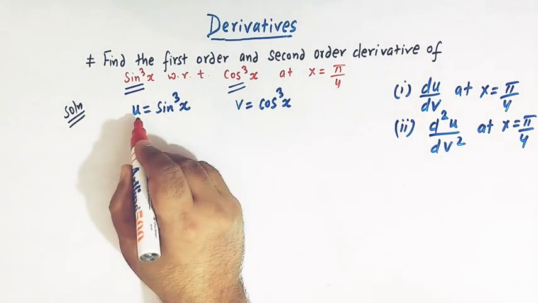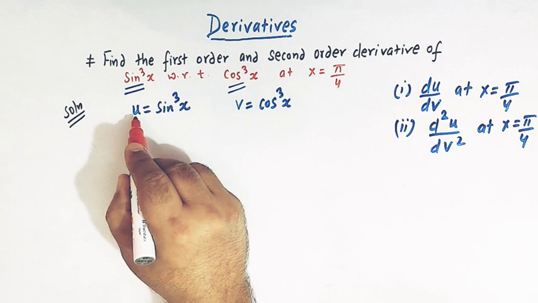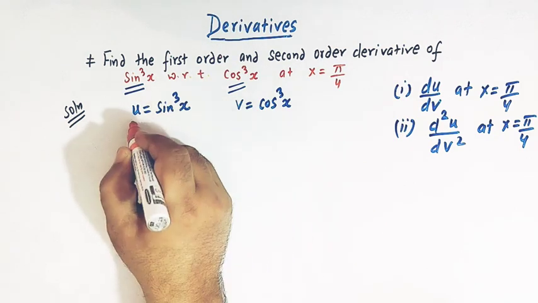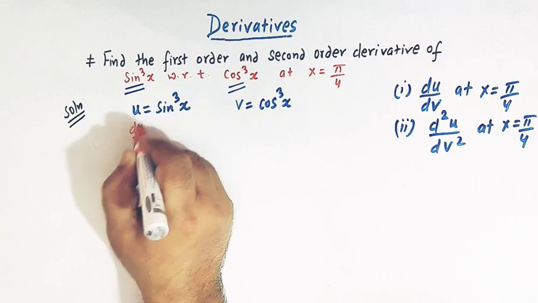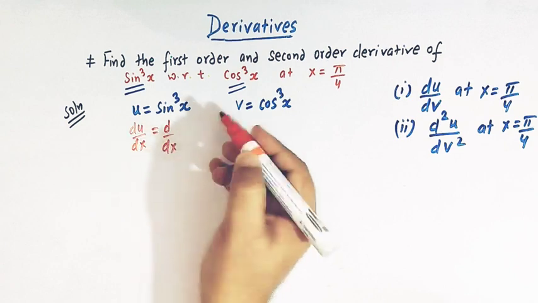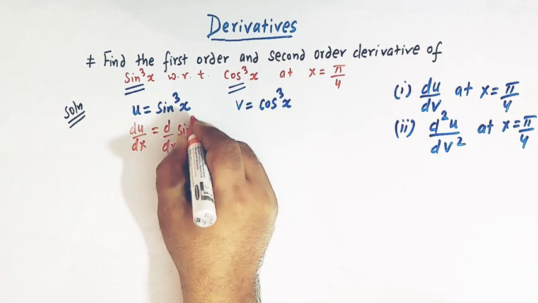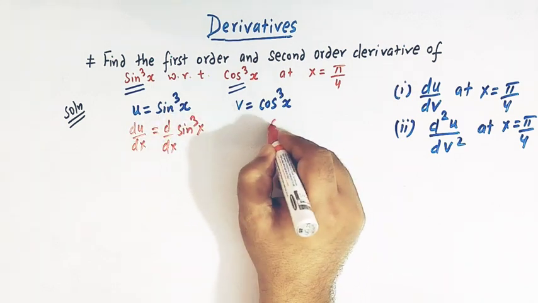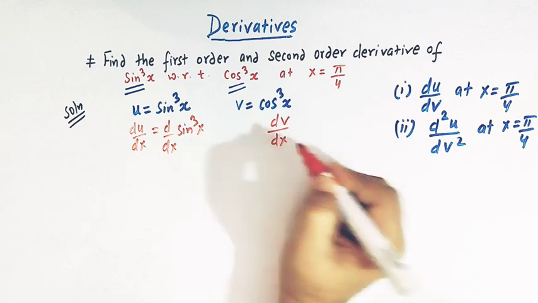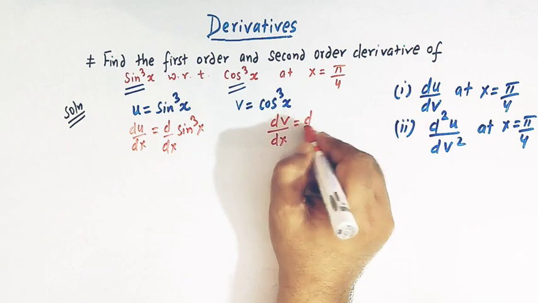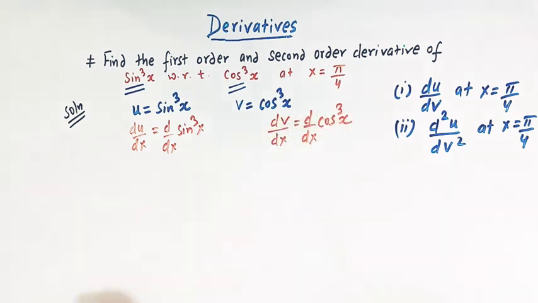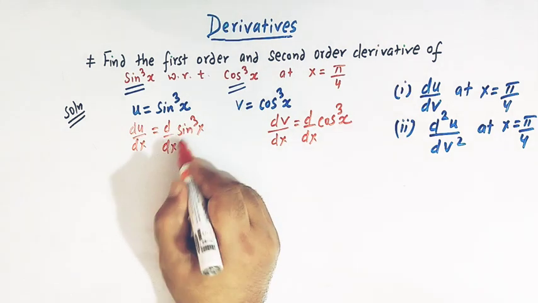So now let us first find du/dx and dv/dx. First we'll find the derivative of u with respect to x, so this is d/dx of sin³x, and similarly the derivative of v with respect to x, that is d/dx of cos³x.